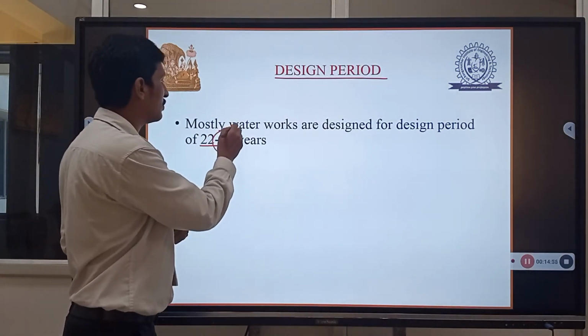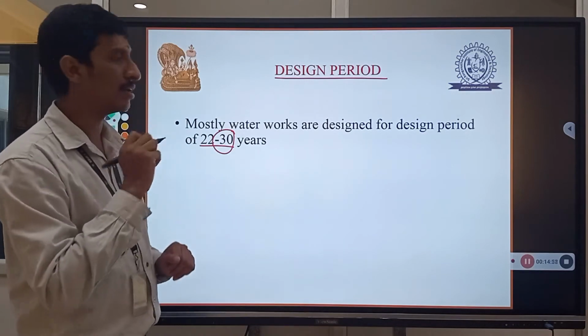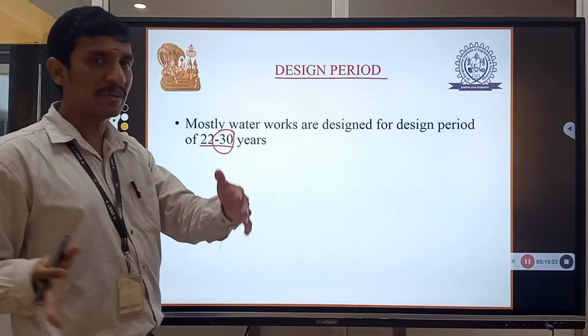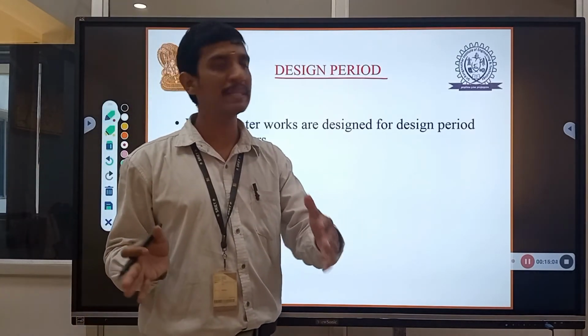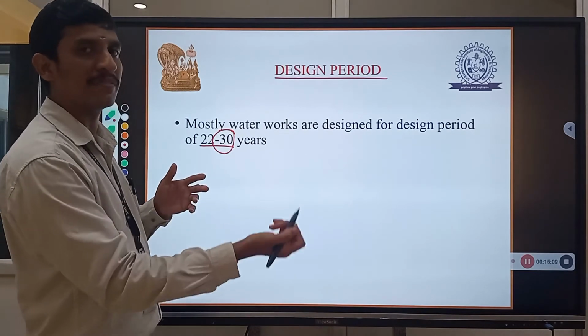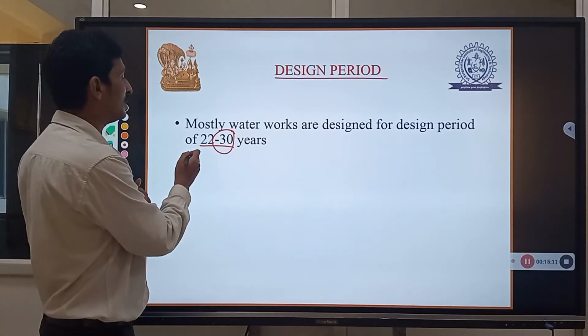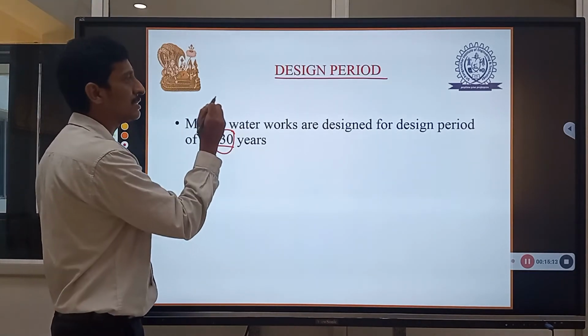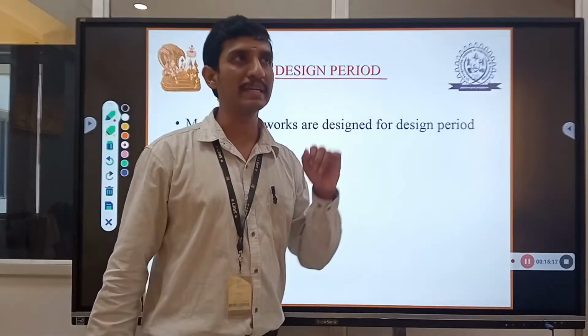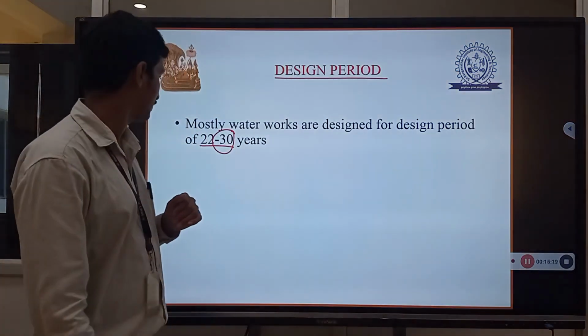According to that, we make the design of the hydraulic structure. How long it will be used by the people is called the design period. Generally, in a water supply system, they use 22 to 30 years as a design period for constructing hydraulic structures like water tanks.